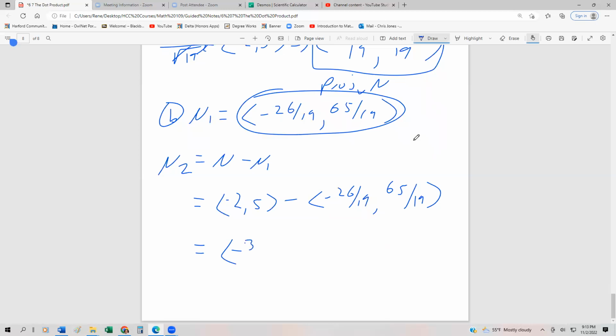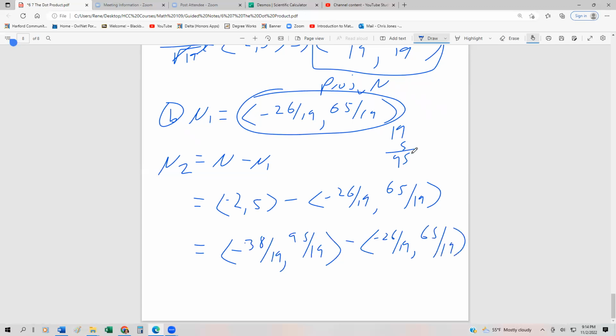Negative 2 times 19 is -38/19. 5 times 19 should give us 135, I'm sorry, not 135, it's 95. So that's going to be <-38/19, 95/19>, and we're going to subtract from that <-26/19, 65/19>.